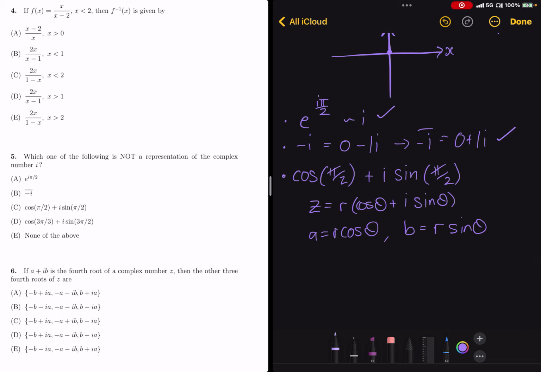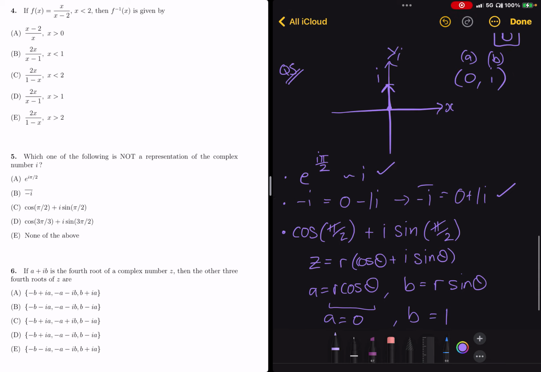So here we've got cosine of pi on 2. The r value in this formula is obviously 1. So 1 times cosine of pi on 2, well, cosine of pi on 2 is 0, so a in this case is 0. B is r, which is 1, times sine of pi on 2. Well, sine of pi on 2 is 1. So here b is 1, and this is what we need, right?